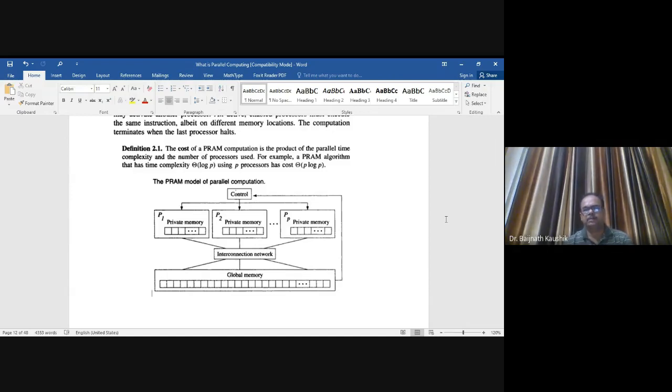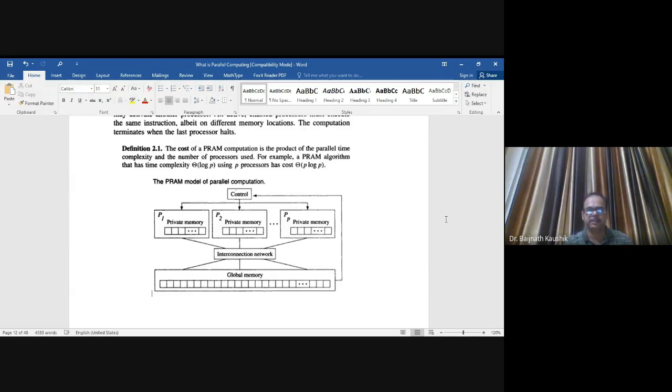It has an unbounded collection of processors P0 to PP, and it has an unbounded collection of memory cells known as shared global memory. The processors and the shared global memory cells are connected by some form of interconnection network, and the control unit controls the operation of the processors and the shared global memory.